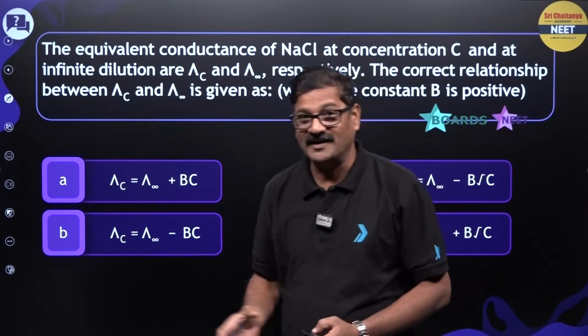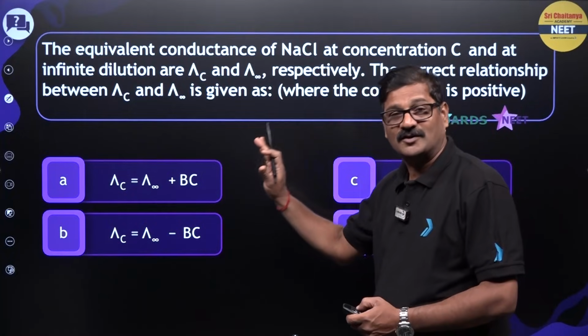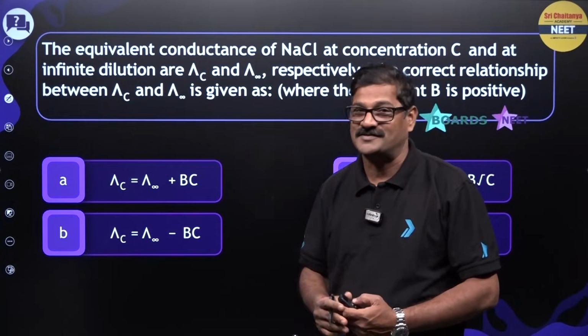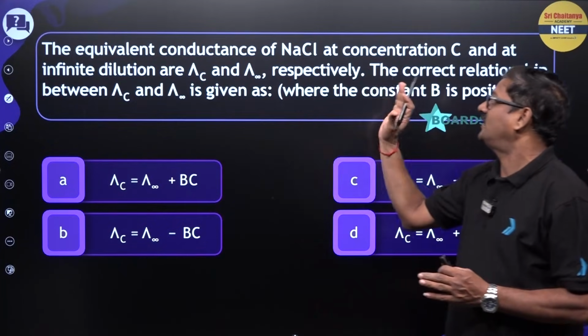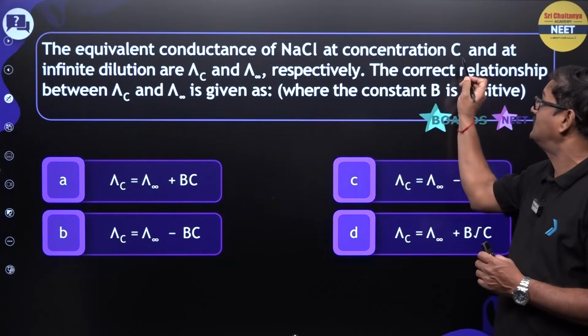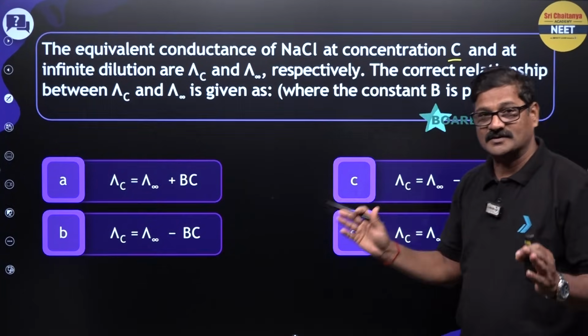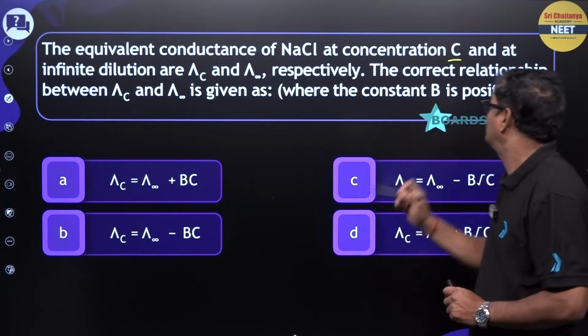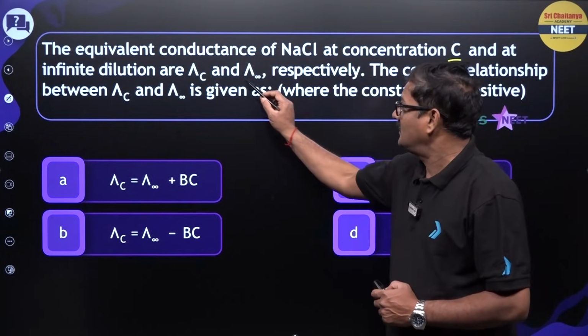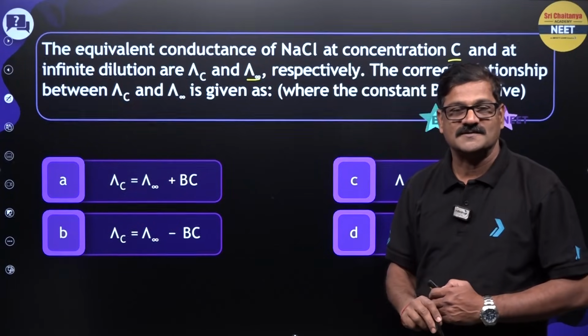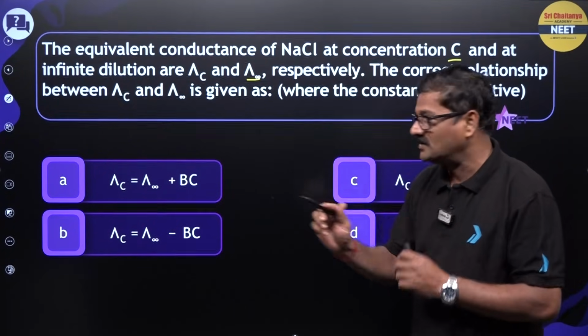Students, moving ahead, it is a direct question from the Debye-Huckel-Onsager equation. The question is asking about the equivalent conductance of NaCl at concentration C, which is C mole per liter, and at infinite dilution it is given as the limiting molar conductance, and at a given concentration the molar conductance is given.